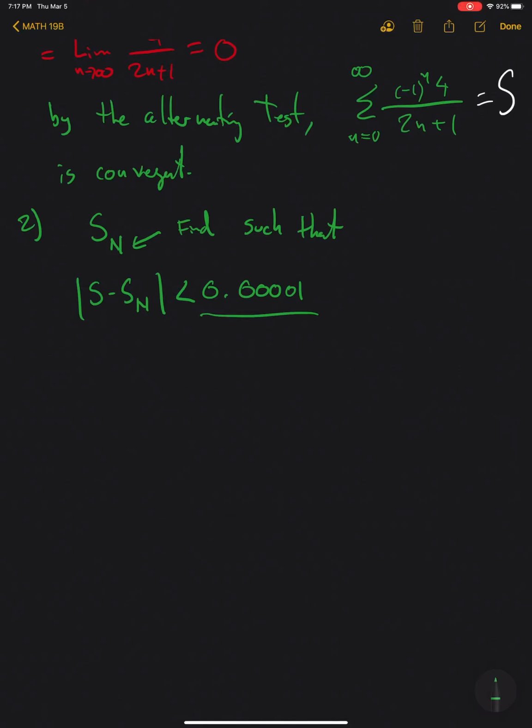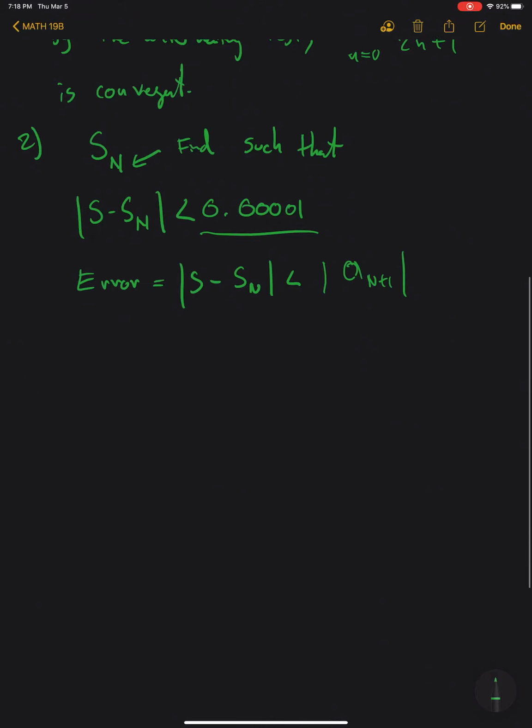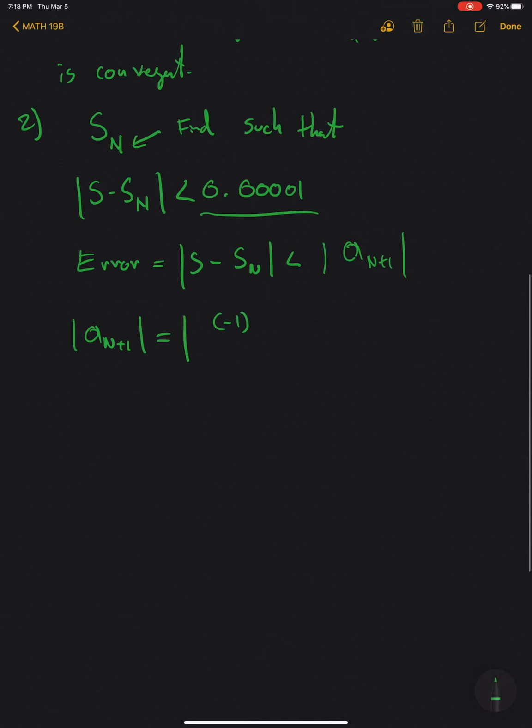Because we're dealing with an alternating series, we know that the error is going to be bounded by the nth term or the n plus 1 term of my sequence. In other words, this is a general result: the error S minus S_n is always bounded by the absolute value of the a_(n+1) term. So in this case, the absolute value of a sub n plus 1 is equal to the absolute value of what I get when I plug capital N plus 1 instead of n in my sequence.